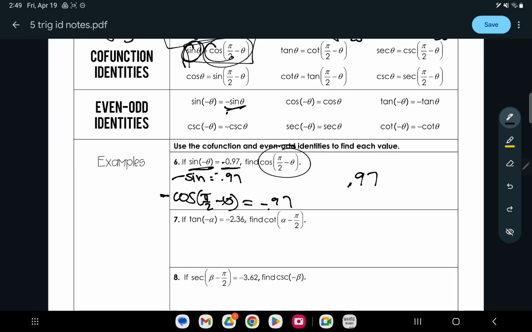All right. So tangent of negative alpha equals negative tangent. And we want to find this. That's the cotangent, so that's this right here.